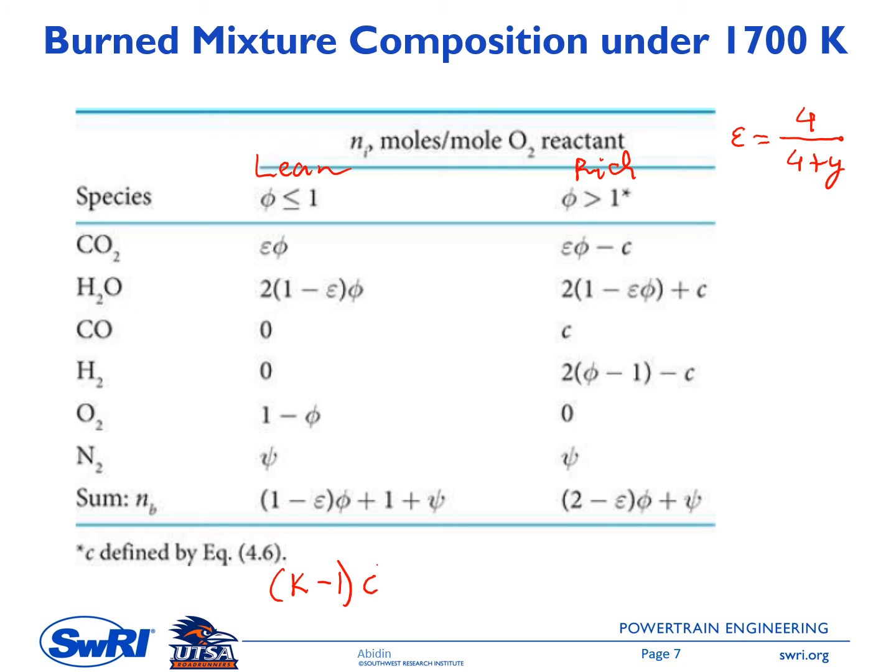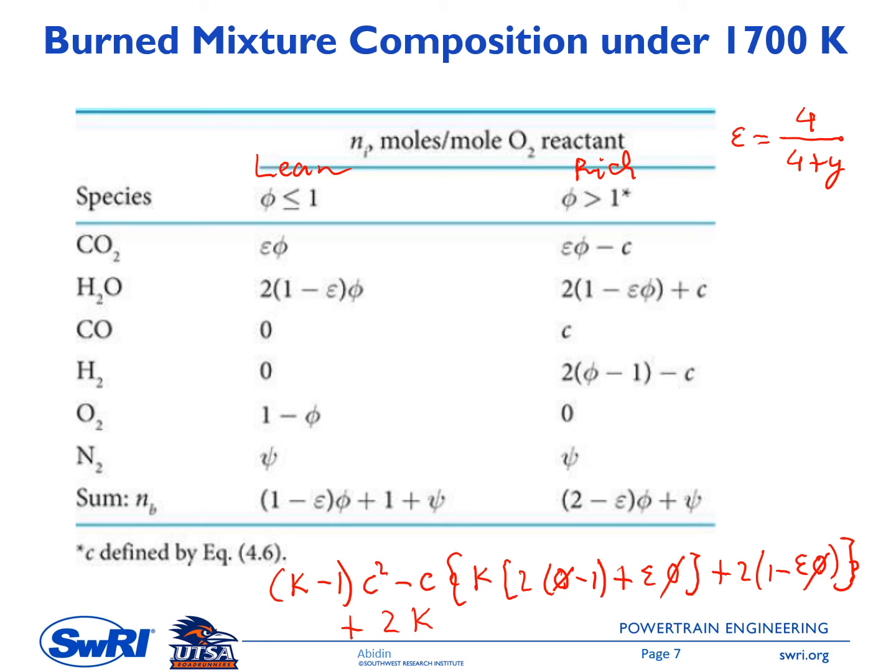And then times c squared, minus c, and then here we have K times 2 times phi minus 1, plus epsilon phi in the bracket, plus 2 times 1 minus epsilon phi, and then plus 2K epsilon times phi minus 1 equals 0.